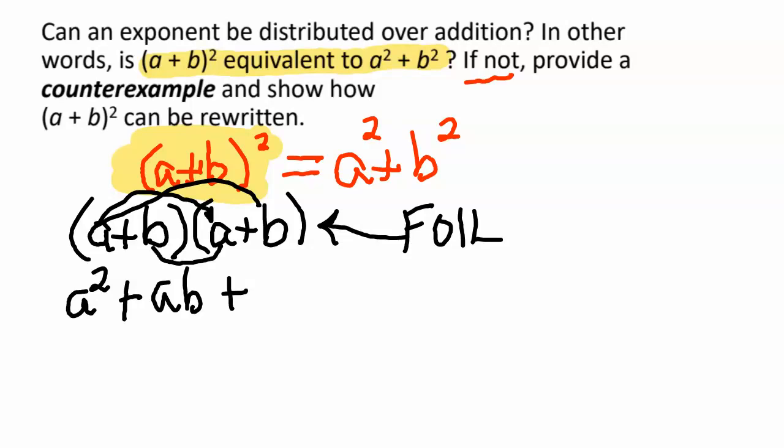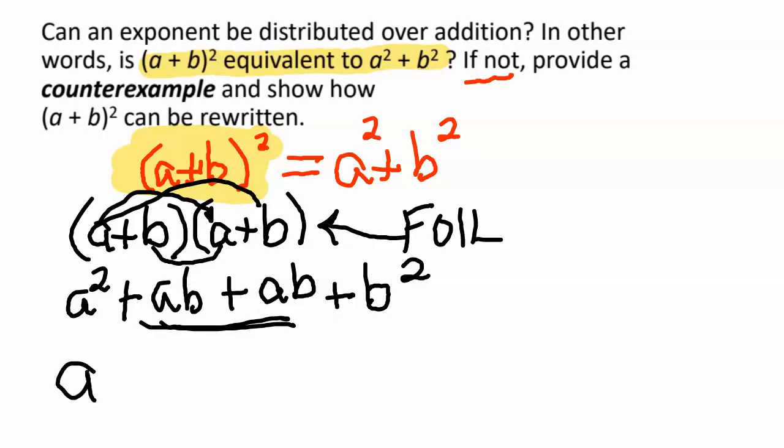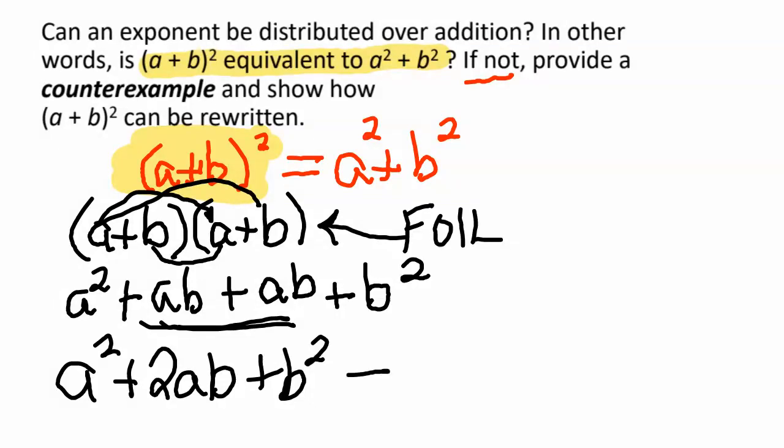Now remember, A comes before B plus B squared. When you FOIL, these two terms come together, which means I have 2ab plus b squared. This does not equal a squared plus b squared. And you're going to say, well, why? Look at this term.